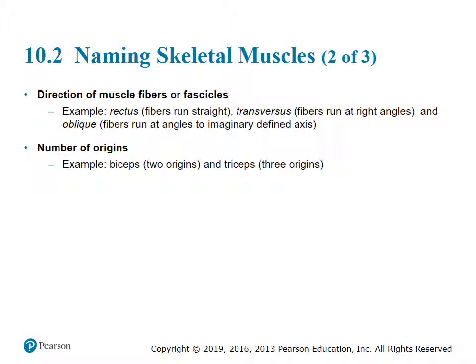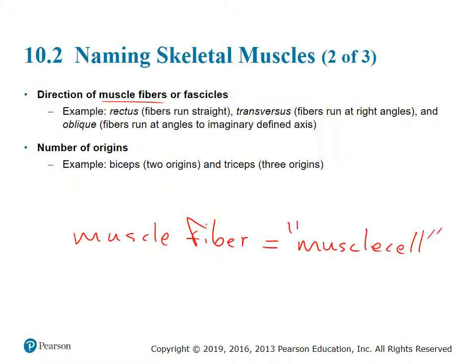We also can name muscle depending on the direction of the muscle fibers. And remember, keep in mind that whenever we hear the word muscle fiber, that should automatically equal a muscle cell. And depending on the muscle, sometimes the muscle fibers can go a certain direction, right?